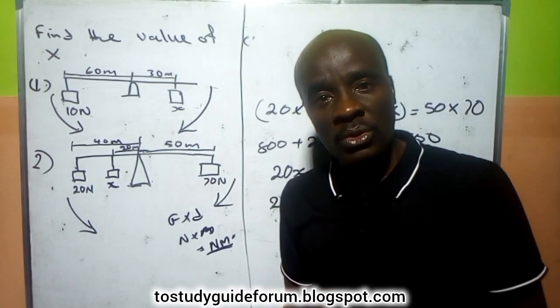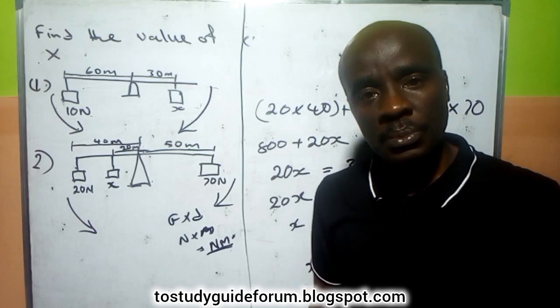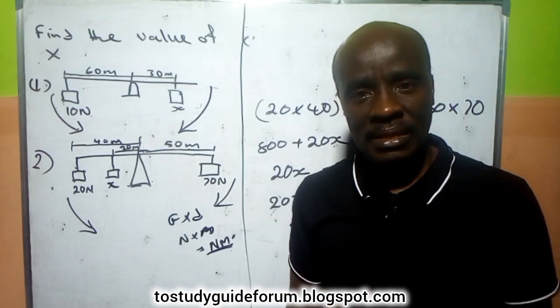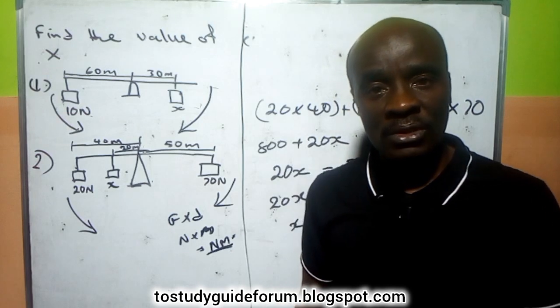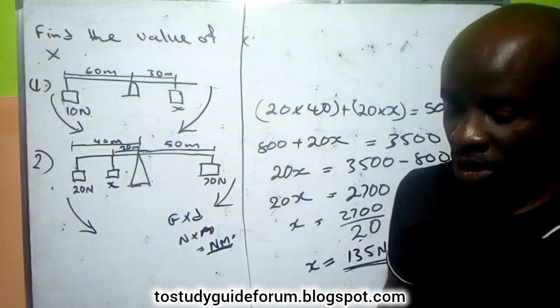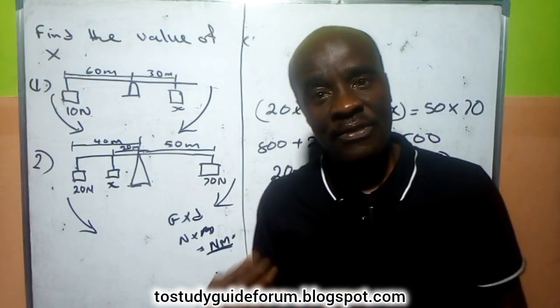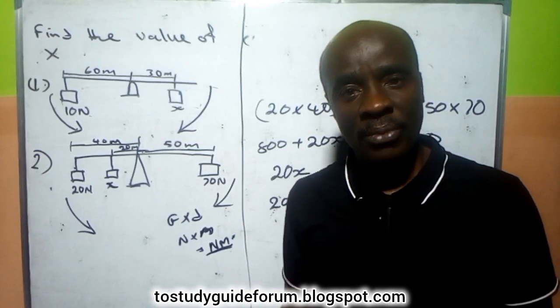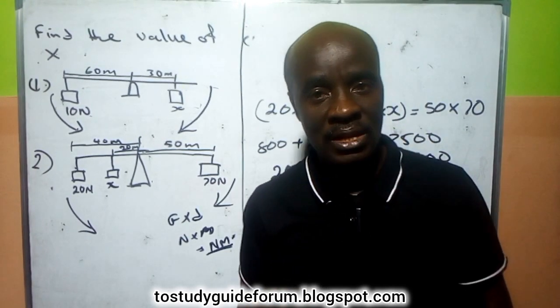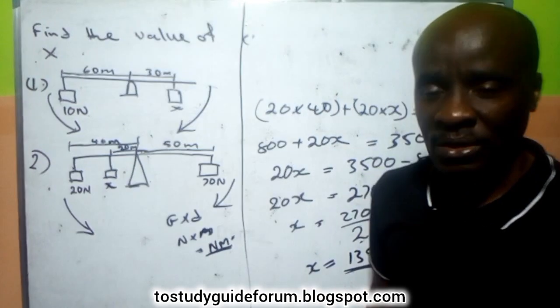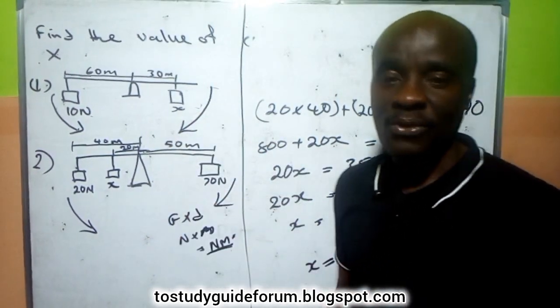Another thing we should also note is that the moment of a force at any point is the turning effect of that force at that point. Remember this is noted very well, and to do the calculation is just a simple thing, as we have seen from here.